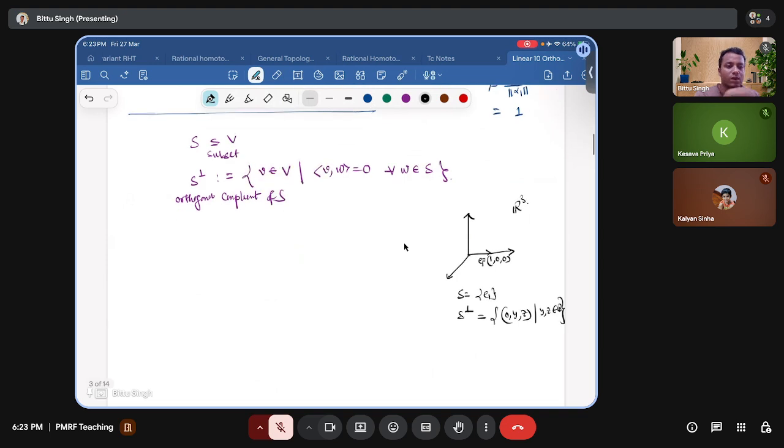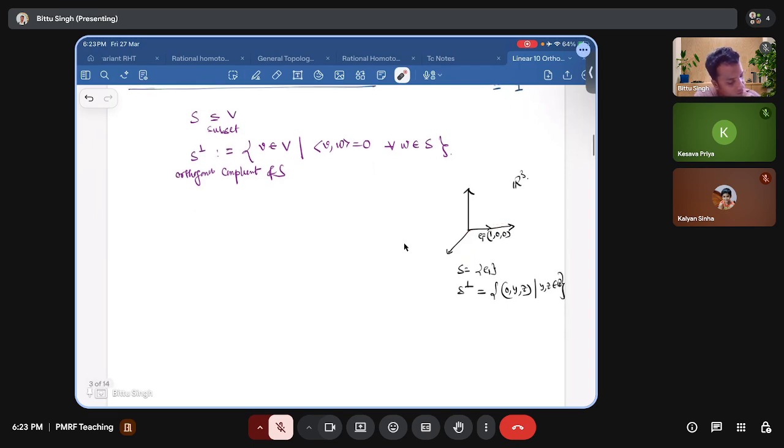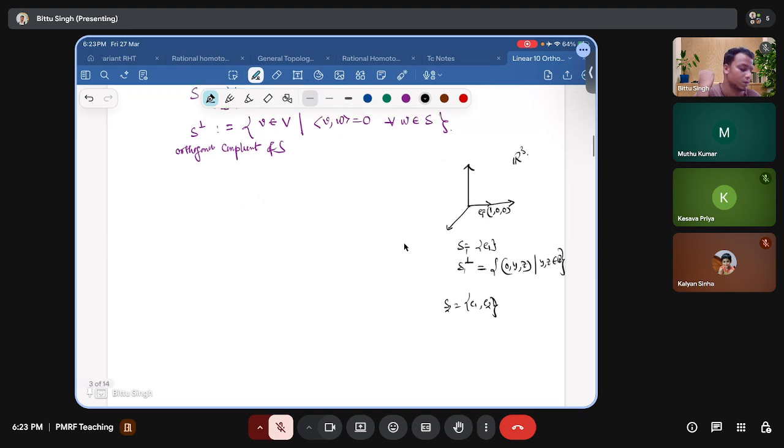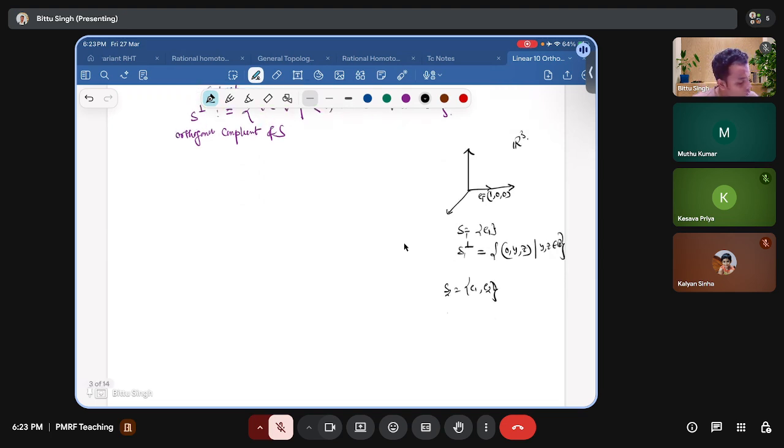Similarly, if you take both e1 and e2, then the orthogonal complement will be the z axis. Suppose S2 is the set e1, e2. We are trying to find all those vectors whose inner product with e1 and e2 equal 0.